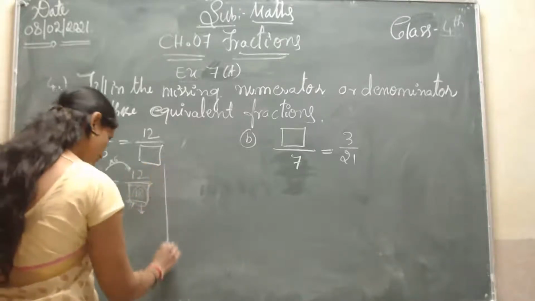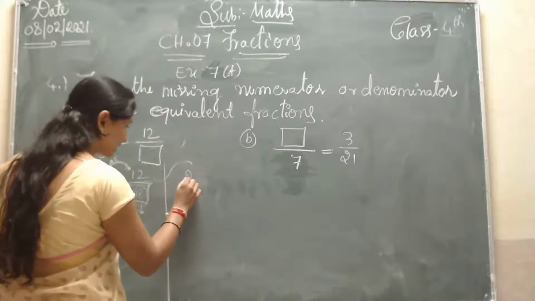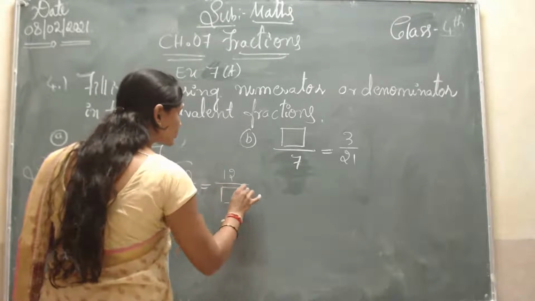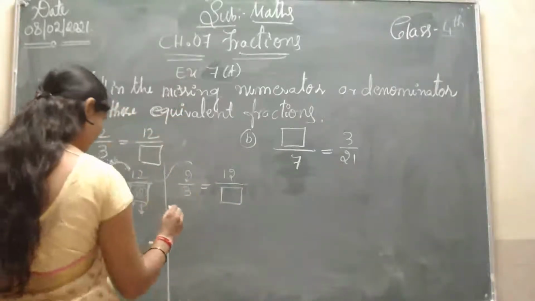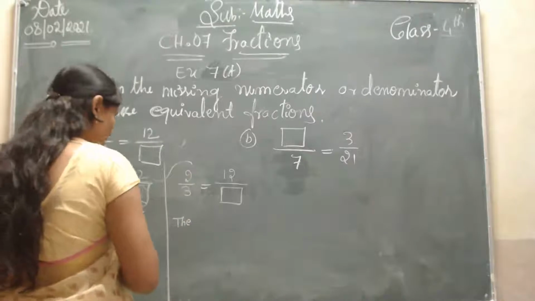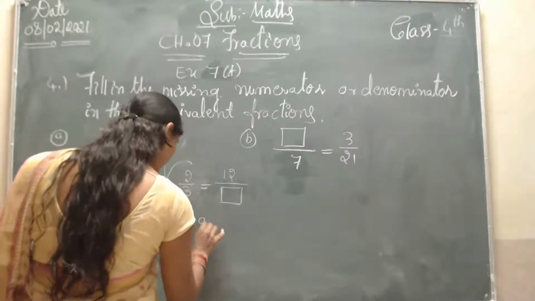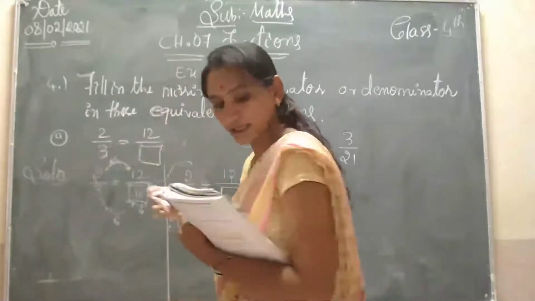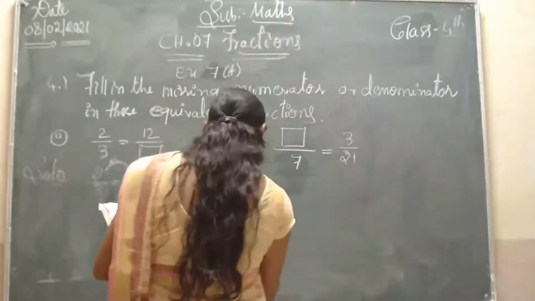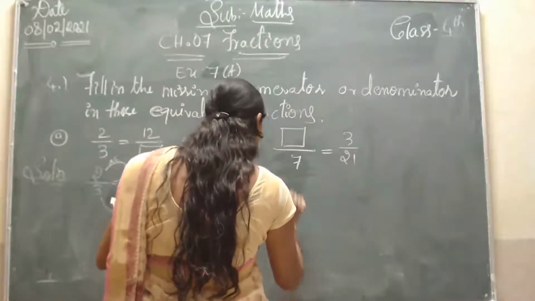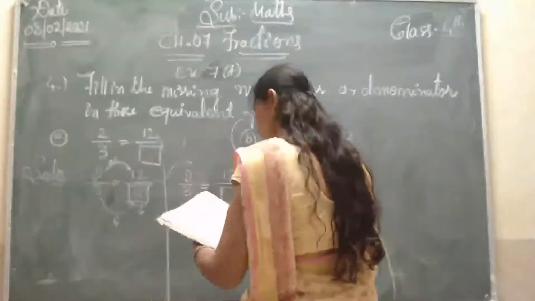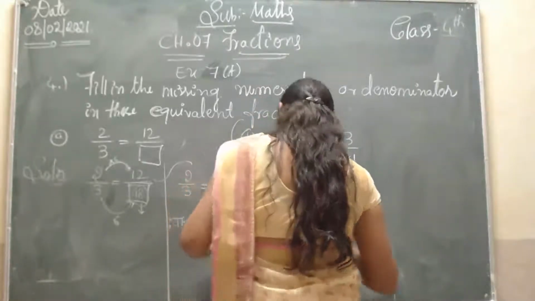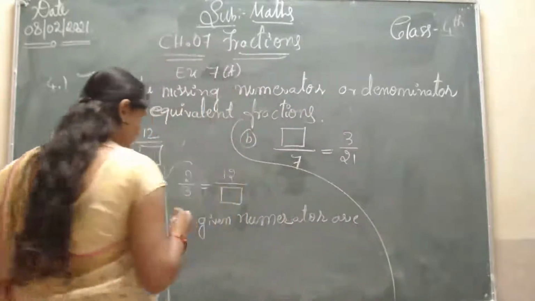But in the traditional method, the first step is 2 by 3 equals 12 by something. To find the denominator, you check the numerators. Here 2 is the numerator given, and here 12 is given.